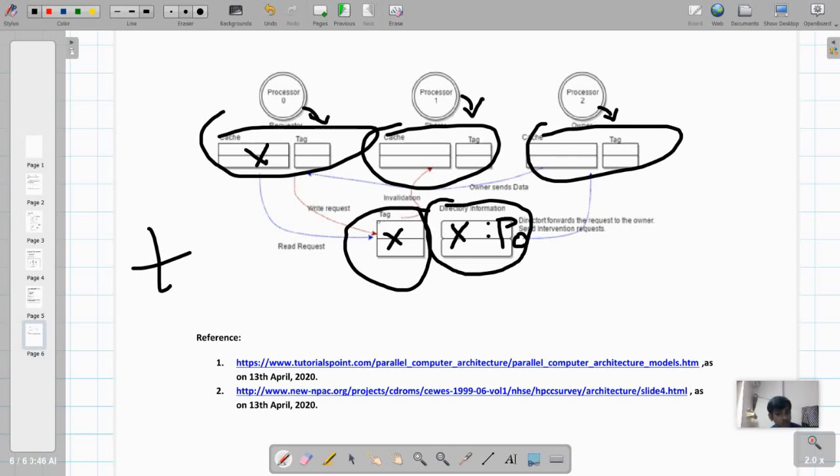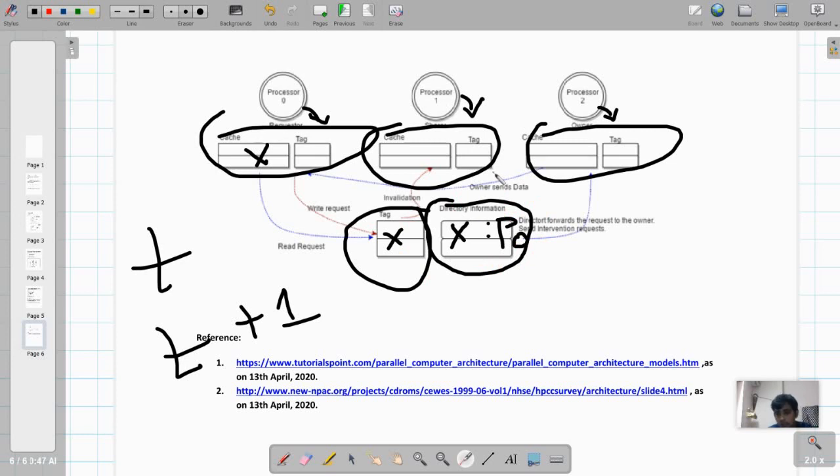Now what is the advantage? Say after this time instance, at time instance t plus 1, that means at the next clock cycle, processor P1 makes a request for the same data item at memory location X. But when it tries to access this memory location, the directory will give it the message that, oh brother, you cannot do this.